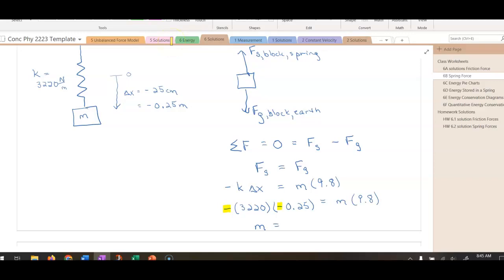That's okay, because really mass can never be negative, so that makes sense, is going to be 3220 times 0.25 divided by 9.8. Which is 82.143 kilograms.